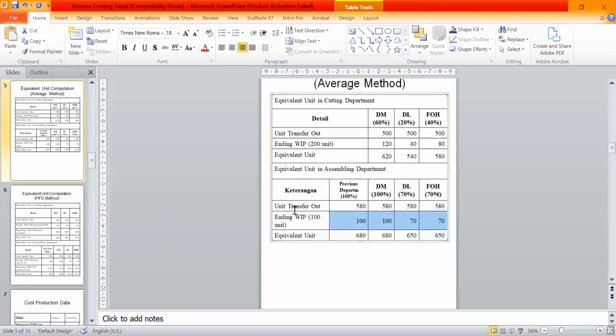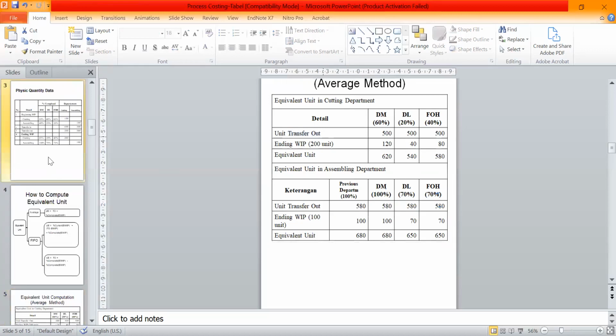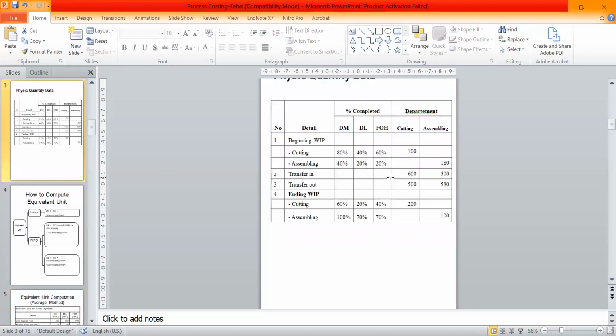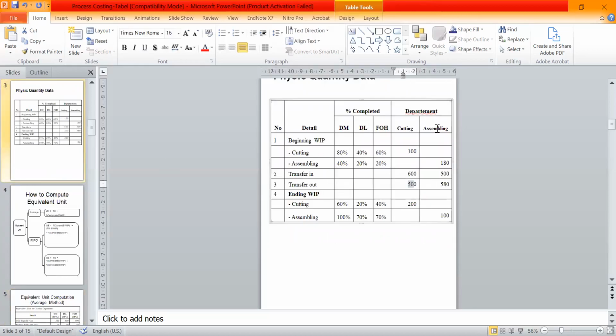And then also for the unit transferred out, be careful. The number will be different from the cutting department, because the transfer out here tells us about the units that will be transferred from the cutting department to the assembly department, which is this number. But for the assembly department, let's say this manufacturing process only requires us to process the unit in two departments only.